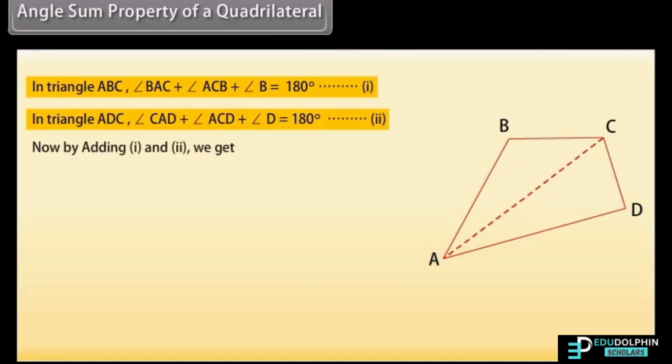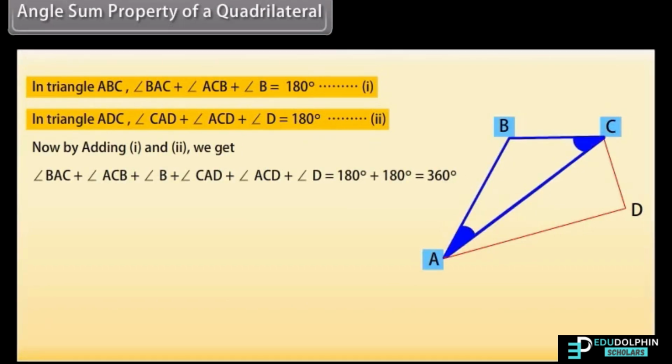Now, by adding 1 and 2, we get angle BAC plus angle ACB plus angle B plus angle CAD plus angle ACD plus angle D is equal to 180 degrees plus 180 degrees, which is equal to 360 degrees.